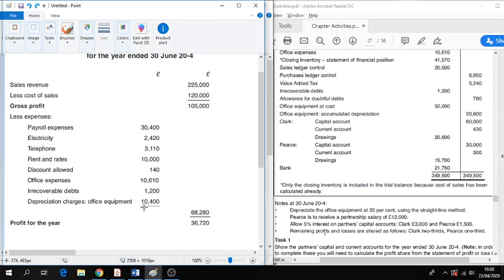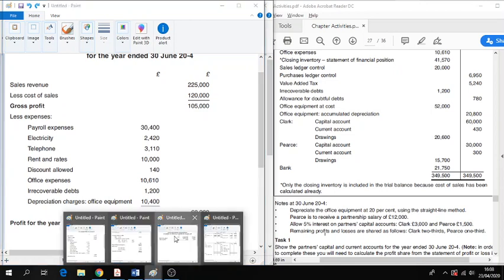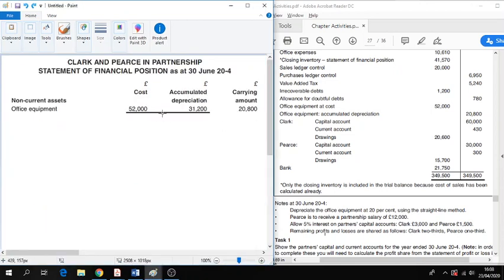Okay, so what goes into the FP is 52 at cost, 20,800 plus the current year's depreciation becomes your accumulated. Okay, let's go back to that. 52 minus 31,200, which came from 52 minus 2,800 minus the current year, which is 10,400, gives us 20,800 left.